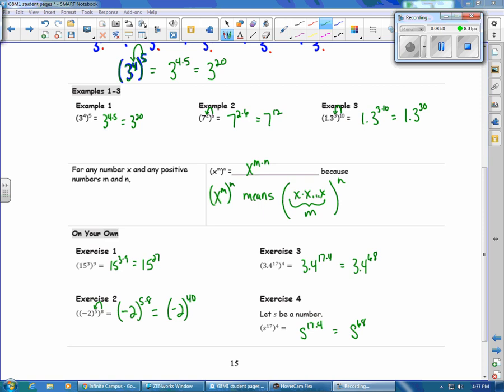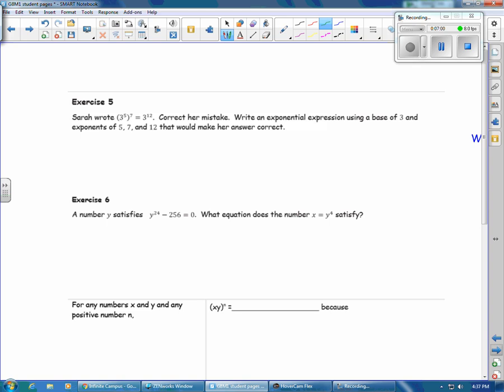Okay, next page. Sarah wrote 3 to the 5th power raised to the 7th power is 3 to the 12th power. Correct her mistake. Write an exponential expression using a base of 3 and exponents of 5, 7, and 12 that would make her answer correct. Okay, so this is a little bit confusing.